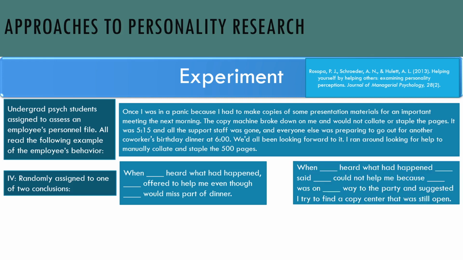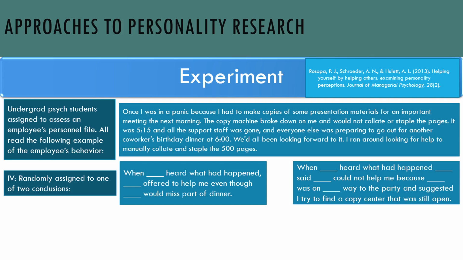The other conclusion to the story was when the employee heard what had happened, they said they could not help me because they were on their way to the party and suggested I try to find a copy center that was still open. So what they're manipulating here is half of the psych students heard the employee behaving in an altruistic way, staying late to help their coworker, even though that would cause the employee to miss part of the birthday dinner.